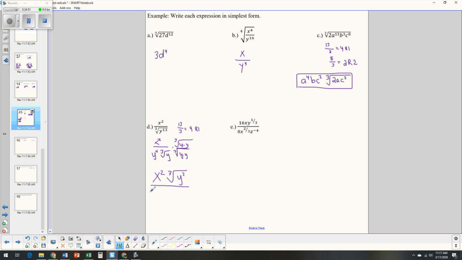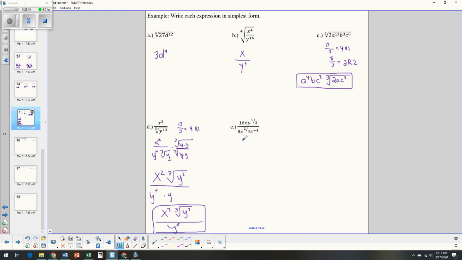On the bottom, I still had that y to the 4th, but now I have the cube root of y to the 3rd, which is just y. So now I can still combine those, x squared times the cube root of y squared over y to the fifth. Okay, and that's my final answer there.